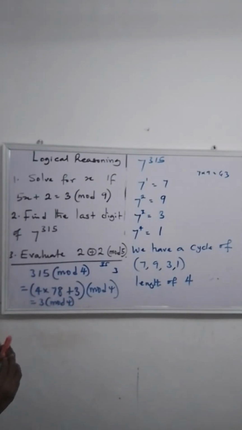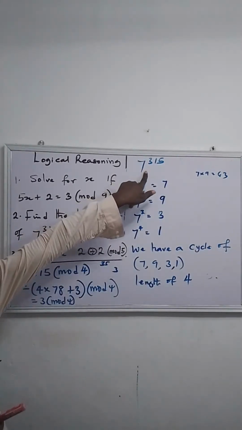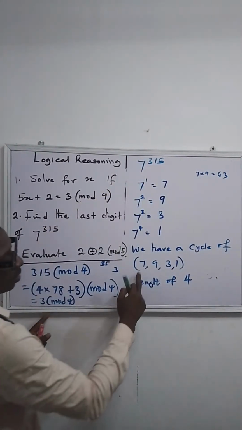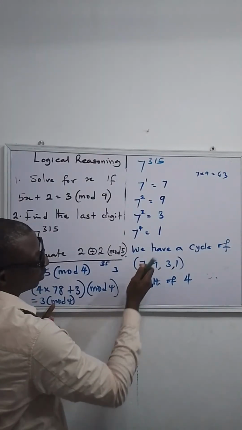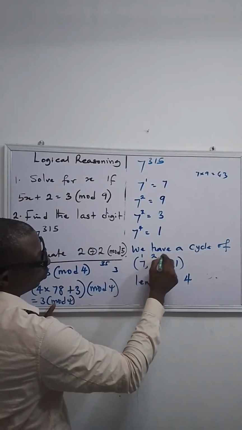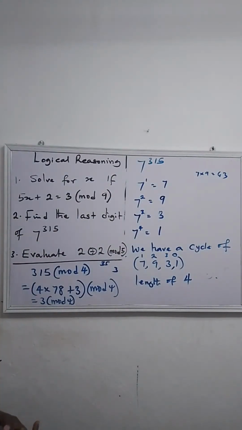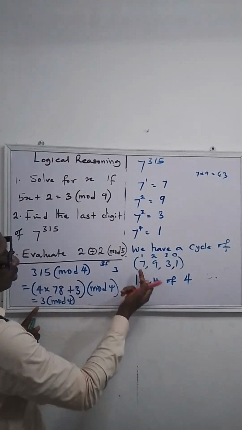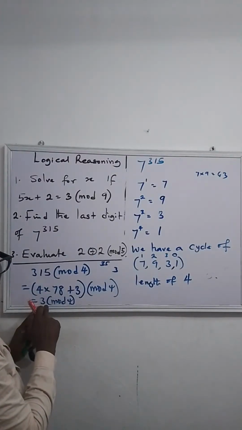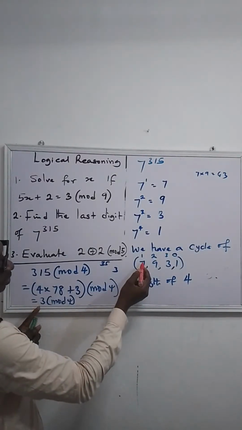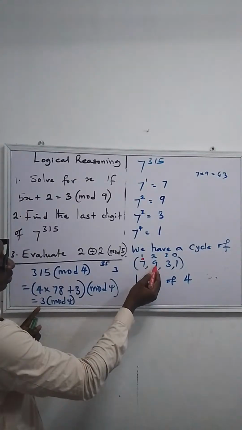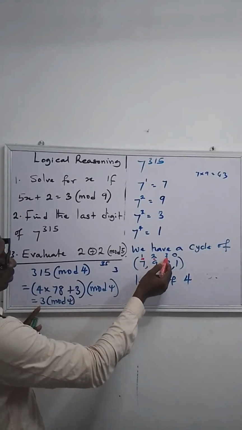To get the last digit for this number, you come to this circle and start from 1, 2, 3, and 0, because in mode 4 you cannot have 4. So the maximum digit you are going to have there is 3. Now you look at which of them falls at this 3. So you have 7 is to 1, 9 is to 2, and 3 is to 3.